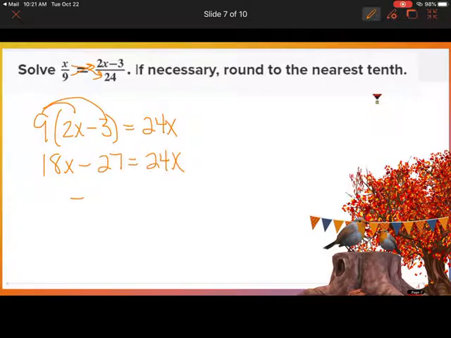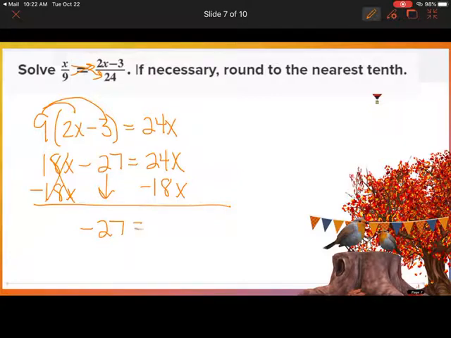And then I need to get the variables on one side and the numbers on the other. So I am going to subtract 18x so I can get the variable over here. So I have negative 27 is what's left. I bring that down, equals, and that is 6x.